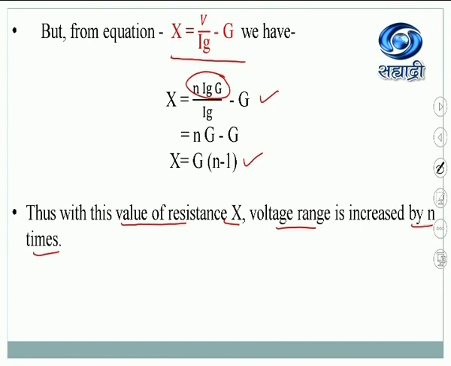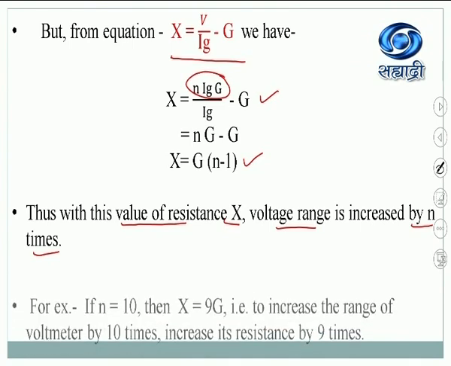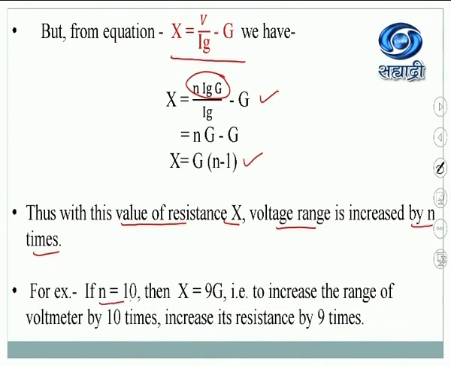Let us see one example so it will be clear. For example, if N is equal to 10, it means I want to increase the capacity, that is, to measure the voltage 10 times. Then X will be equal to 9 times G. So to increase the range of the voltmeter by 10 times, increase its resistance by 9 times.